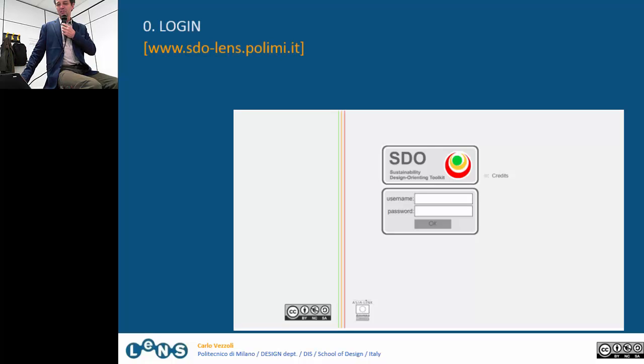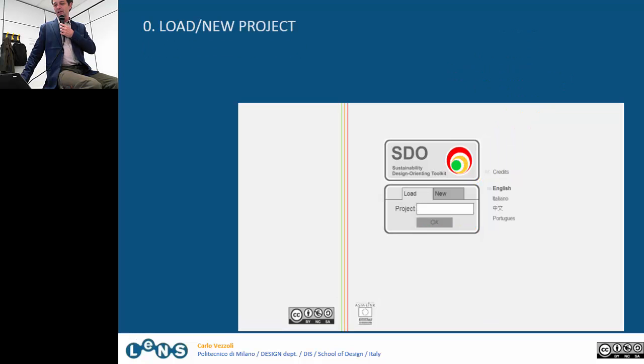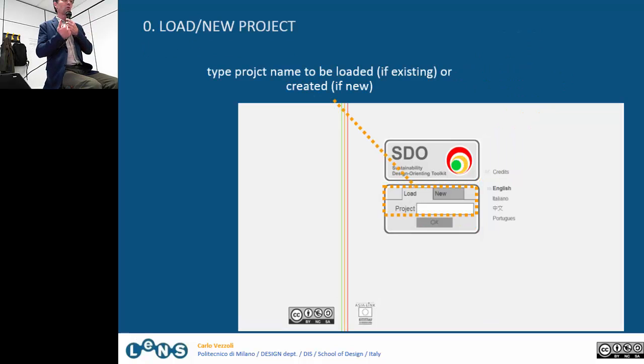So how to use the tool? Well, the version online, you have the address, though in the class we are using a different address. And then you log in with username and password. Then you have to upload a project if you have it already inserted, or you type a new project, and then you can load it right after.